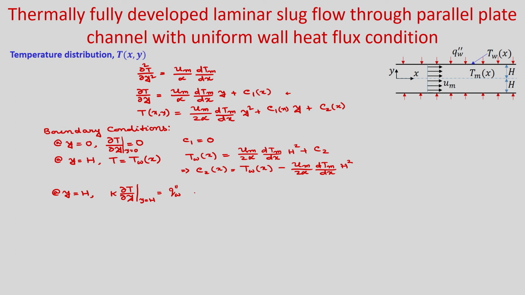So, from here you can see ∂T/∂y, from this equation where C1 is 0. If you put that, then you will get, dividing k on the right hand side, (u_m/α)(dT_m/dx) h equal to q″_w by k.